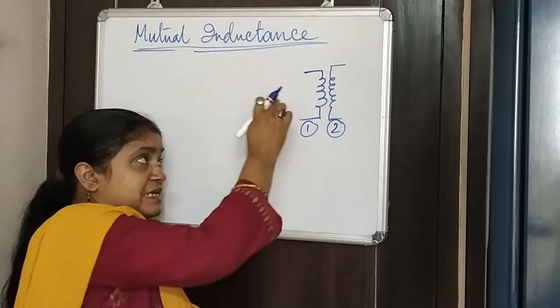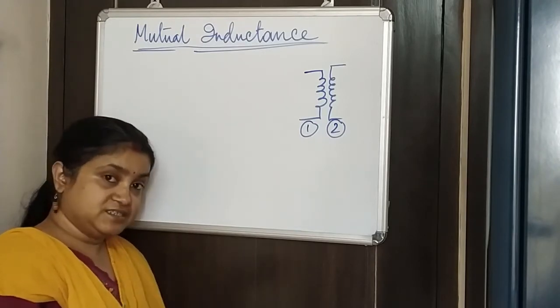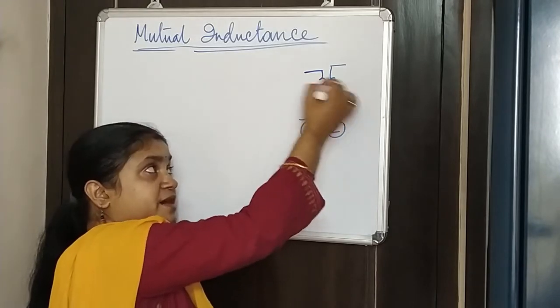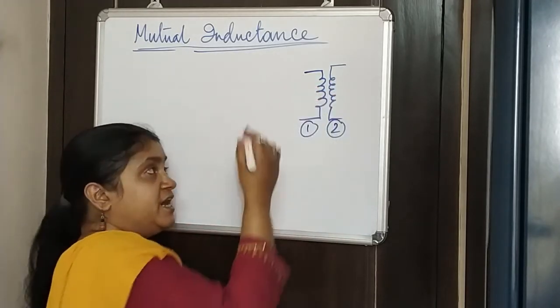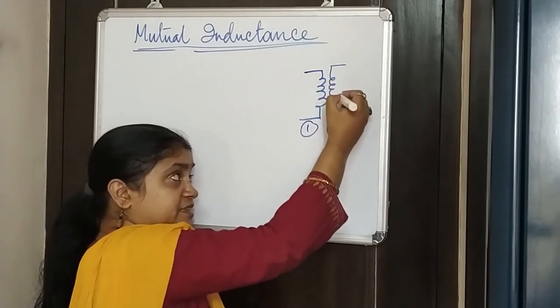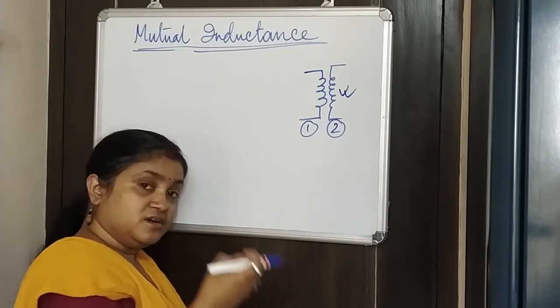If the current in the primary coil changes, the magnetic flux changes, and due to the change of magnetic flux in the secondary coil there would be an induced current.